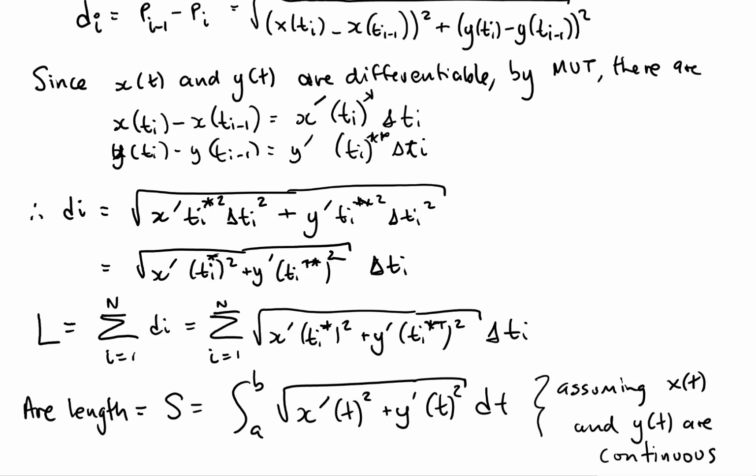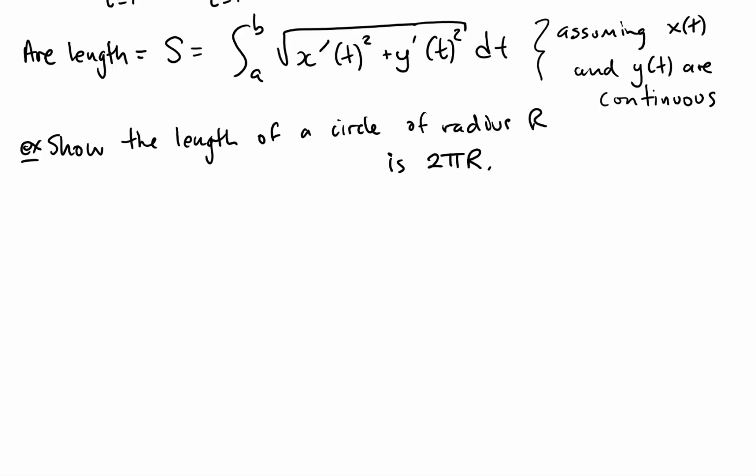So let's take a look at using this final formula. In this example, we'll show the length of a circle of radius r is actually the circumference, 2 pi r. Previously we learned that in parametrics, a circle of radius r has an x-coordinate x equals r cos theta, and y-coordinate r sine theta.